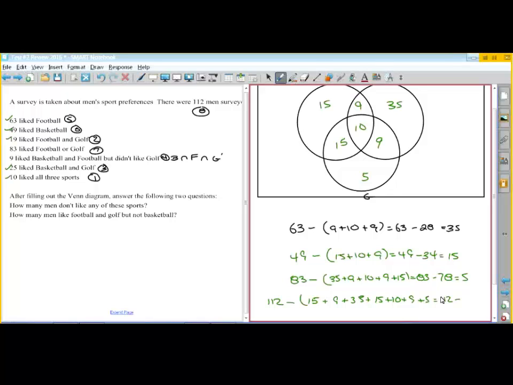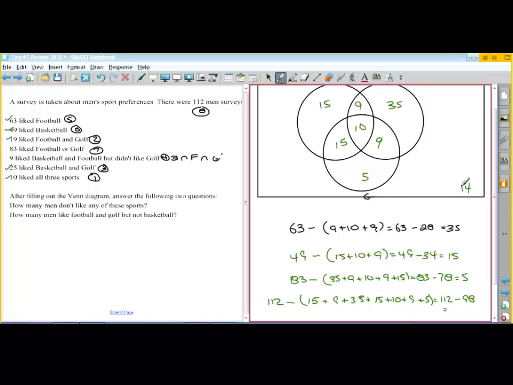So we get 112 minus whatever the sum of those things is. 15 plus 9 plus 35 plus 15 plus 10 plus 9 plus 5. I forgot a parenthesis there. We get 98. So 112 minus 98 is 14. So the 14 that I don't like any of those sports.